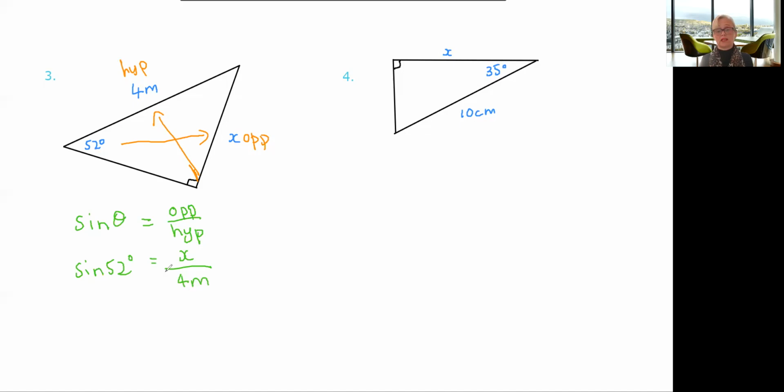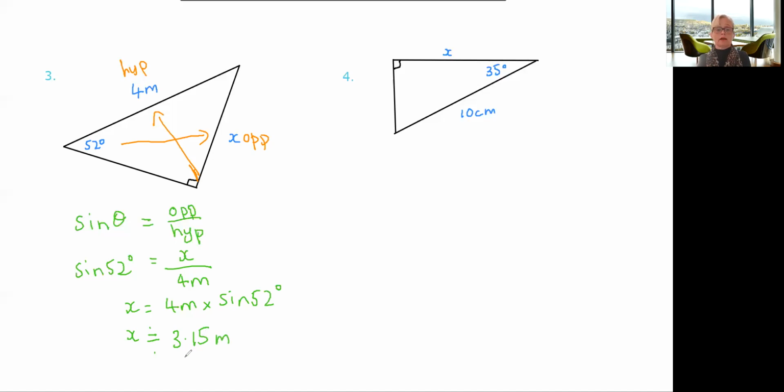And because we're dividing by 4 and we're undoing the divided by 4, we're going to multiply. Then we're going to plug that into our calculators. We're going to do 4 times sine 52 equals, and we come up with 3.15 metres approximately.